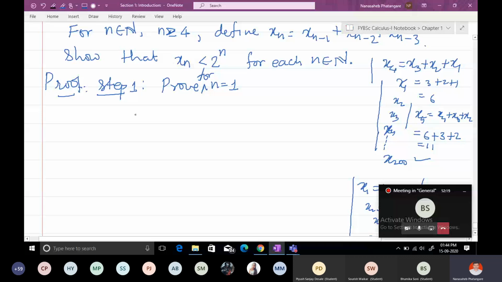If n is equal to 1, then what is xn? xn is x1, but x1 is 1, and clearly it is less than 2 raised to 1, which is 2, right? So xn is less than 2 raised to n because n is 1 in this case. Therefore it is true for n is equal to 1. Fine.